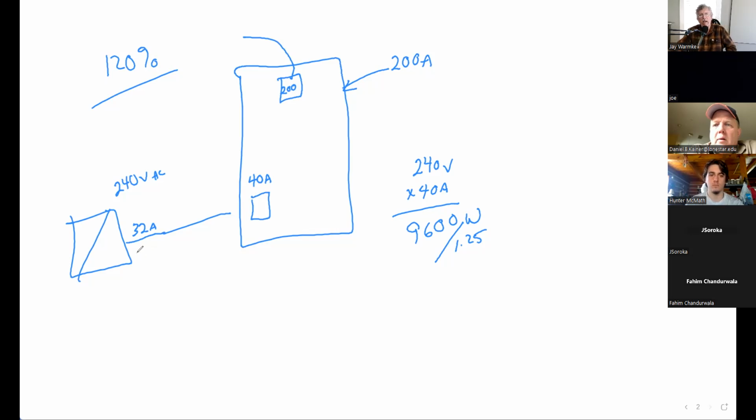So now if my inverter is outputting 32 amps, but it's still at 240 volts, now what's the size? 7,680. There you go.